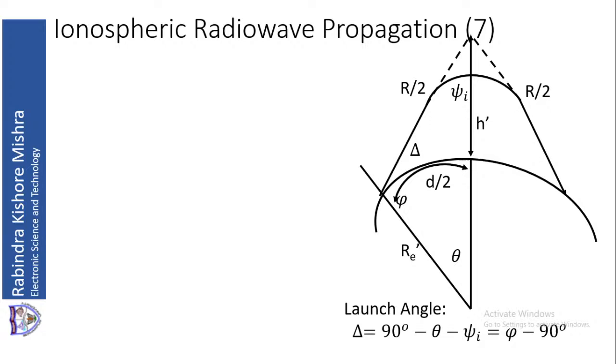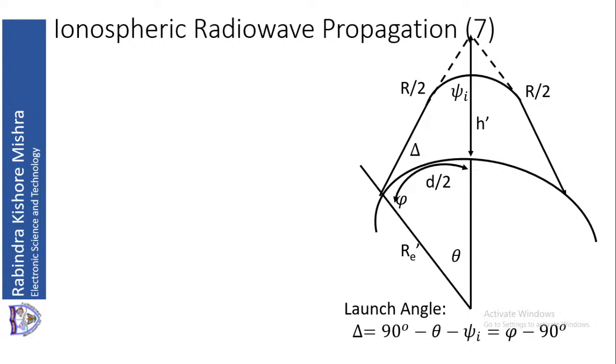Because you draw a tangent at the point where RE is touching the surface, and that is perpendicular to RE. Now over a small range, the surface can be flat. So this is 90 degrees, phi is equal to 90 degrees plus delta.